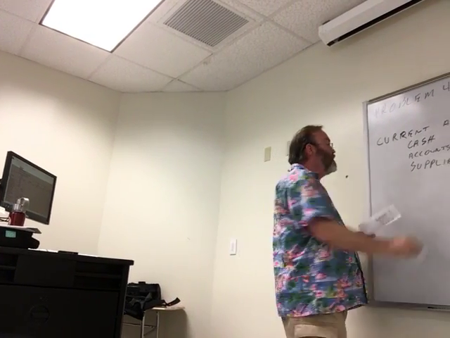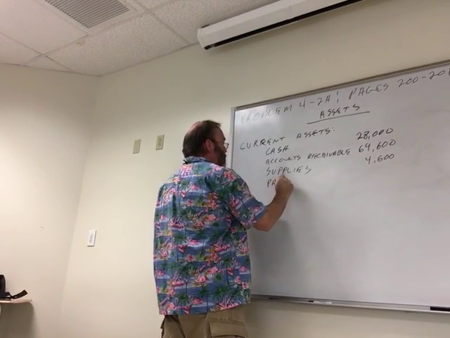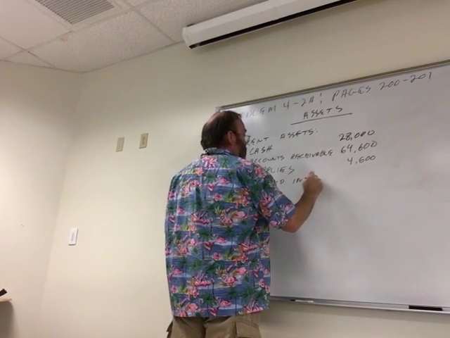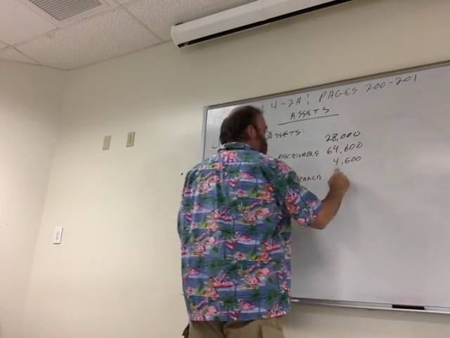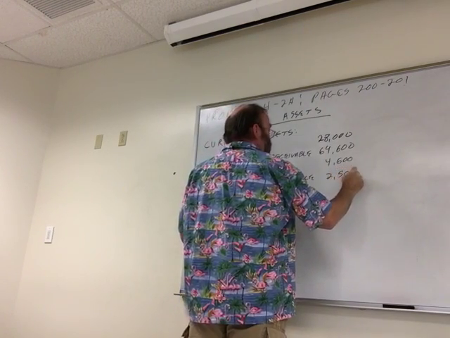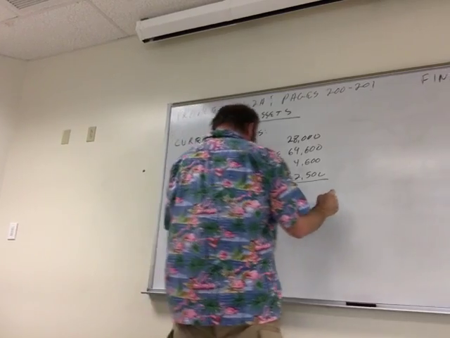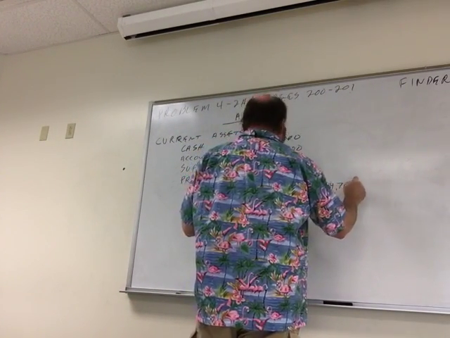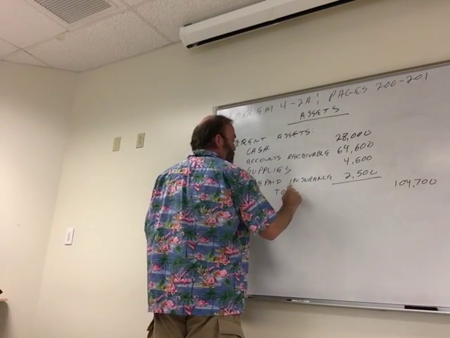And then the last thing they're going to use up in the next year is prepaid insurance. And that's $2,500. If you add all that up, you get $104,700 as total current assets.